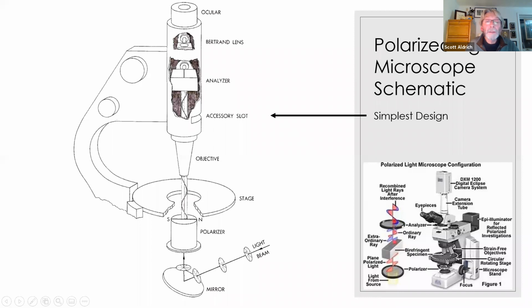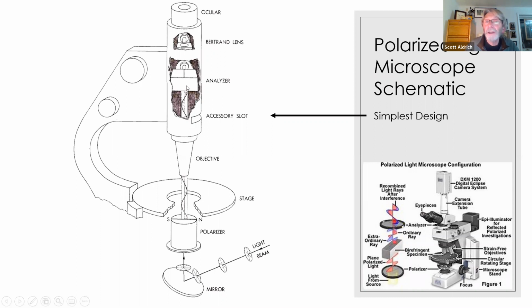Notice that the diagram shows a 360 alignment of vibration perpendicular to this incident light beam, and that's the nature of white light. But as it goes through the polarizer, now it's aligned along a certain plane, and it passes through the specimen, through the objective, and all of a sudden we have an analyzer, which frankly is the same thing as a polarizer.